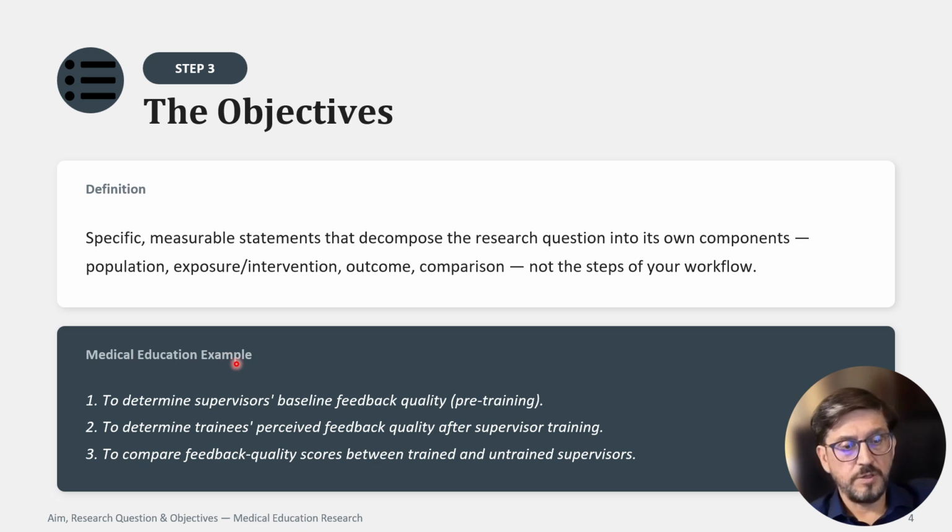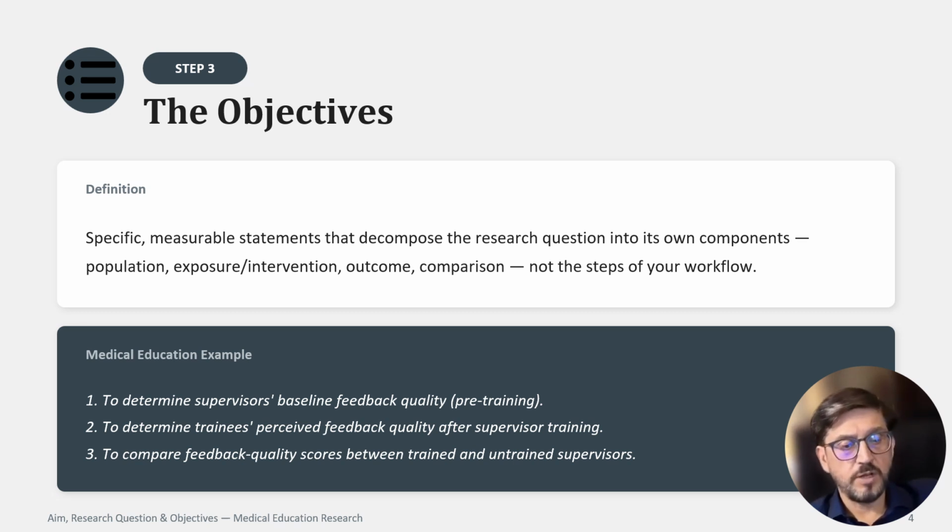So if you remember the research question, which was about feedback, here what we're doing is to determine supervisors' baseline feedback quality, to determine trainees' perceived feedback quality after supervisor training, and to compare feedback quality scores between trained and untrained supervisors.